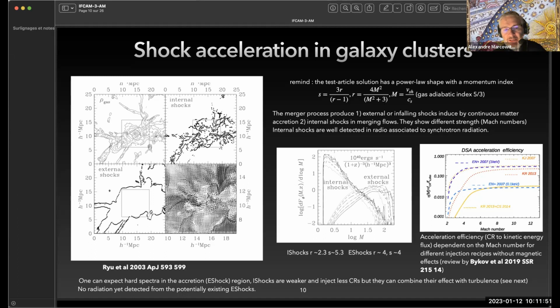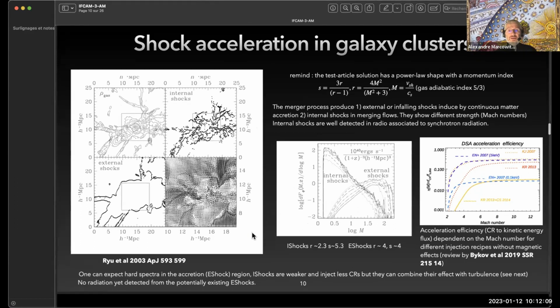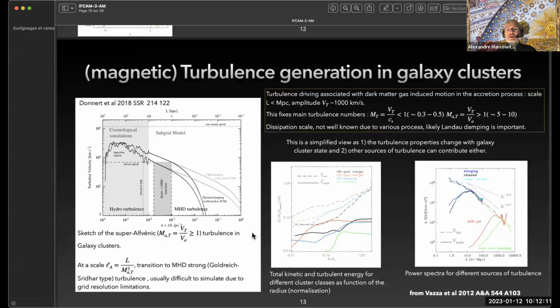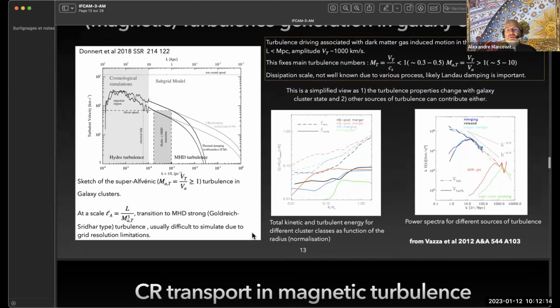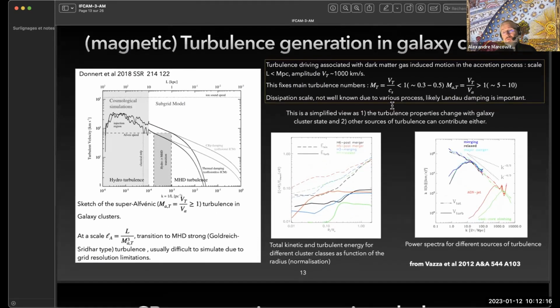I don't get the first part of your question, sorry, about external shocks. What is the origin of the internal shocks? Internal shocks are possibly associated with the merging process, so you have some strong interaction.